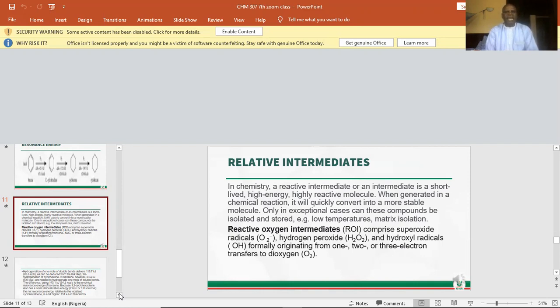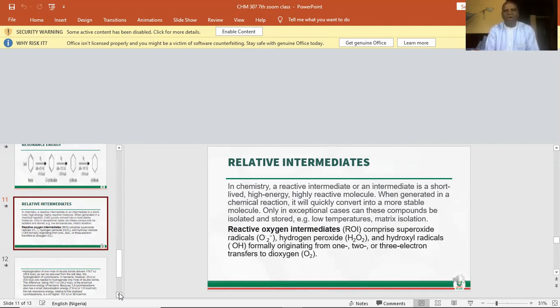An example is reactive oxygen intermediates, ROI. These comprise superoxide radicals, that is O2 with a minus, hydrogen peroxide, H2O2, and hydroxyl radicals, OH, formally originating from 1, 2, or 3 electron transfers to dioxygen, that is O2.